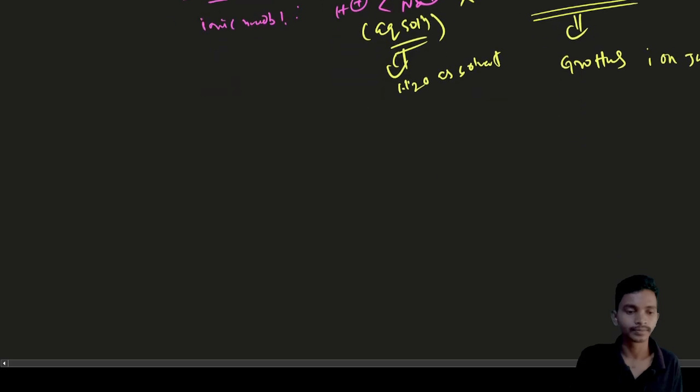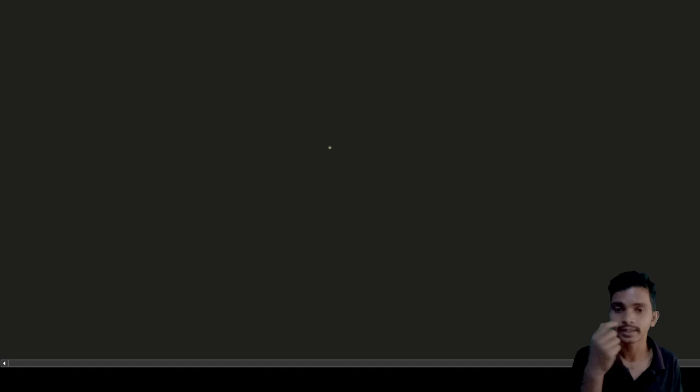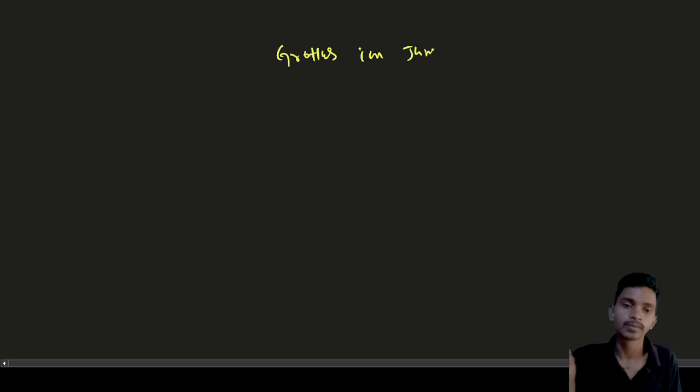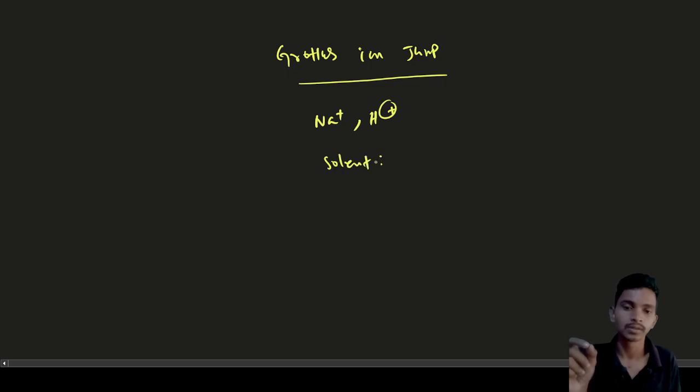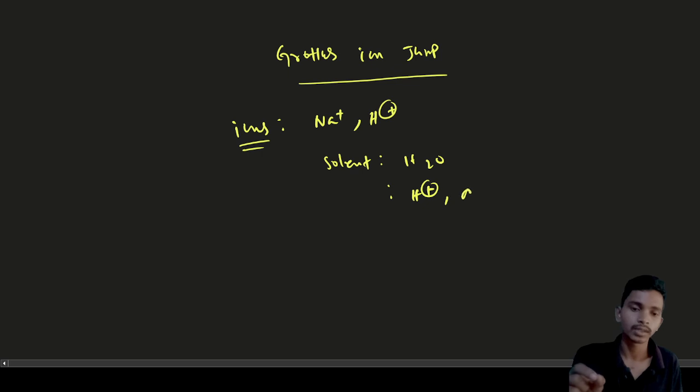What the Kohlrausch ion law says is that if we compare any ions, for example Na plus and H plus, and the solvent is water, here the water is also ionized into H plus and OH minus.